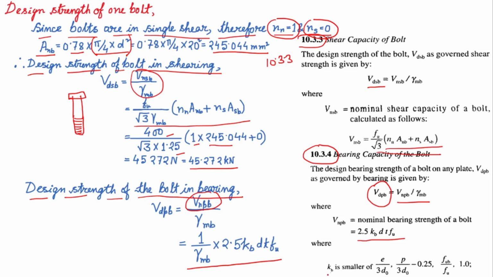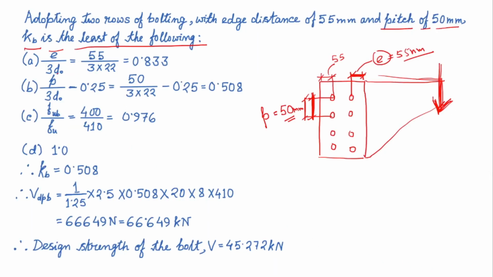So here it is given in the IS code. KB is the smaller of these four values. Accordingly we have calculated e by 3 d naught. d naught is the diameter of the hole, which is 22 mm. Edge distance 55 mm. So it is calculated as 0.833.